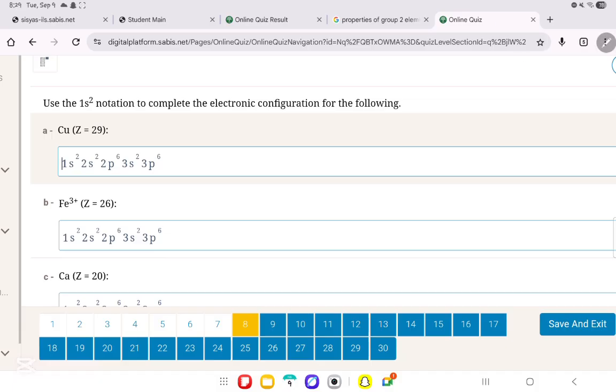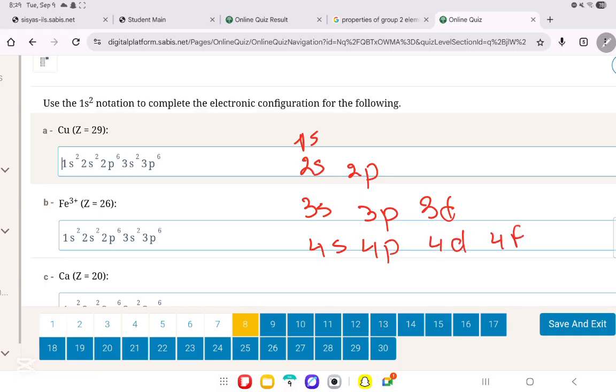The first way is the Hans rule, which is doing 1s, then 2s, 2p, then 3s, 3p, 3d, then 4s, 4p, 4d, 4f, and let's stop here. Then you have to take this one. Whenever the arrow is odd, you will add a number. When it's even, you take the same as the one before. So this one is odd, you will add 1.